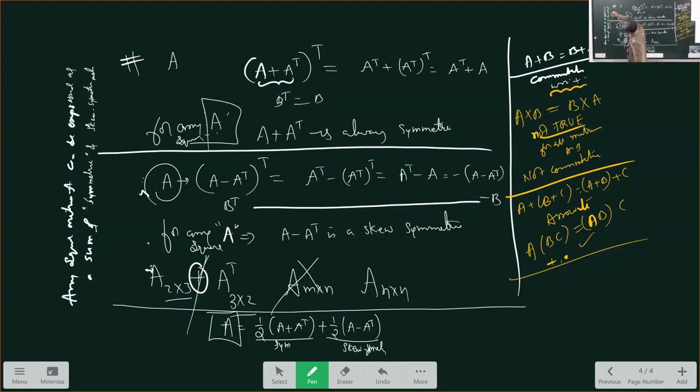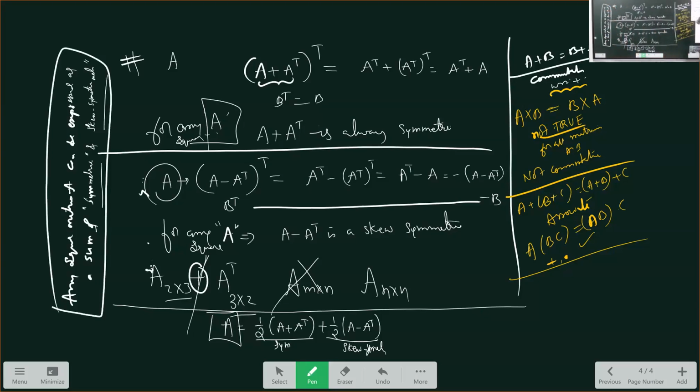Actually this is a theorem, but let me not go into that. So is it clear? Any square matrix can be expressed as a sum of symmetric and skew symmetric matrices. This is clear? Next, write down.